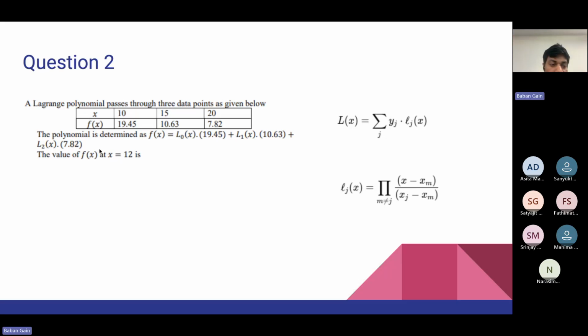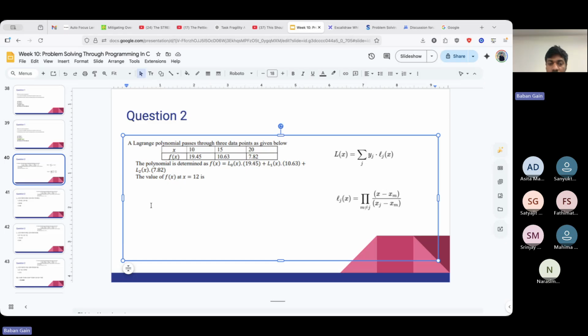So if you consider L0, what is the thing? It is x minus xm, repeated for every value here, except for j.